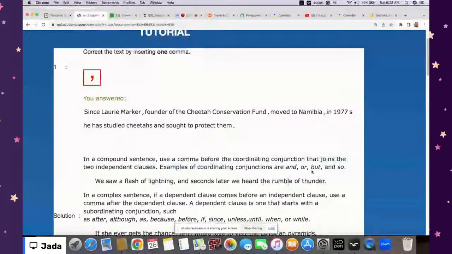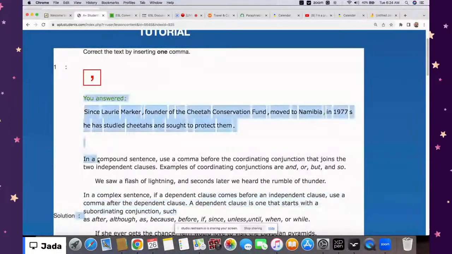Those two are the independent clauses, and this is the coordinating conjunction, with a comma before it. So that's what it says: in a compound sentence, use a comma before the coordinating conjunction that joins the two independent clauses. So that's it for the first one.